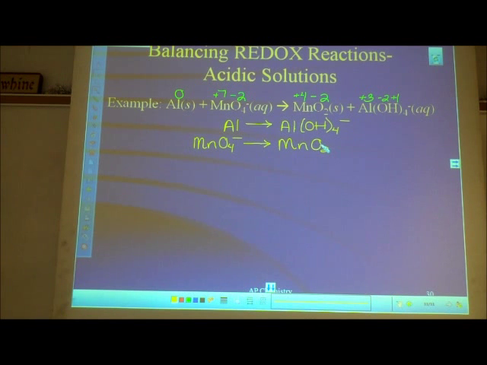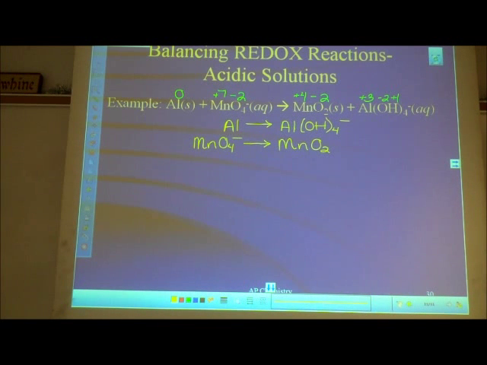The next step says, for each of these half reactions, balance all elements except hydrogen and oxygen. Meaning, don't balance those yet. So what that's asking you is, is aluminum in balance in this first one? Yes. Is manganese in balance? Yes. Let's move on.